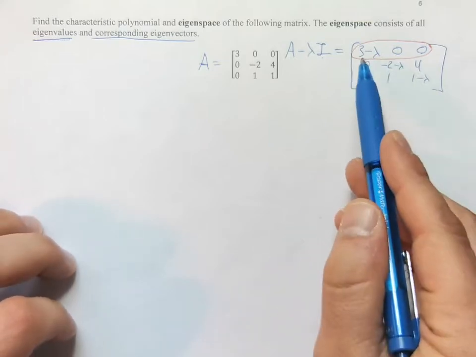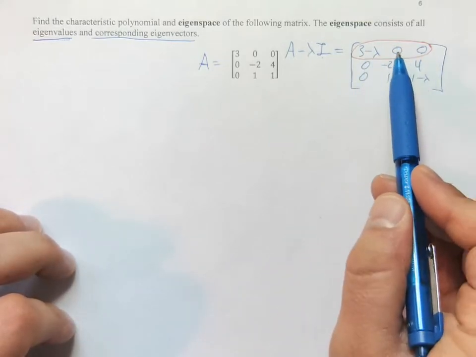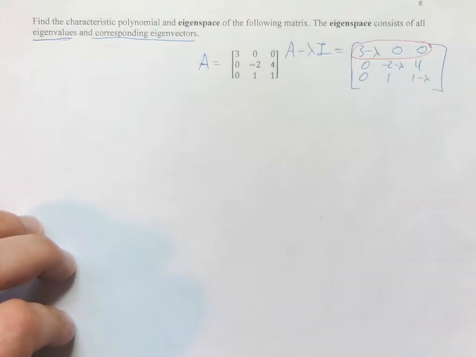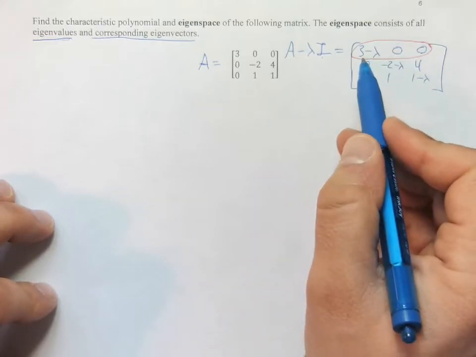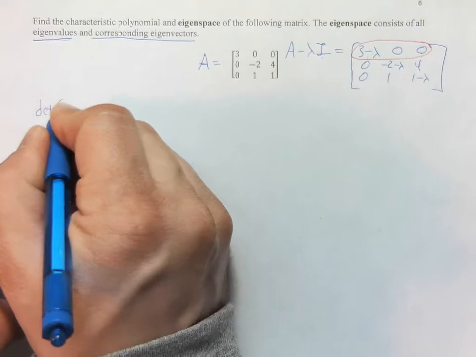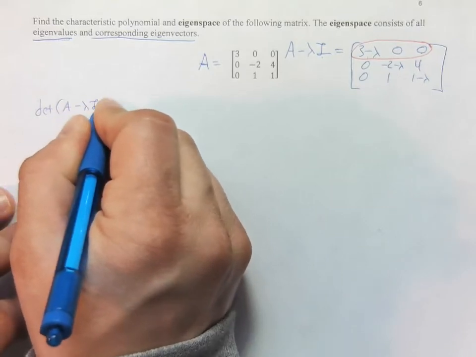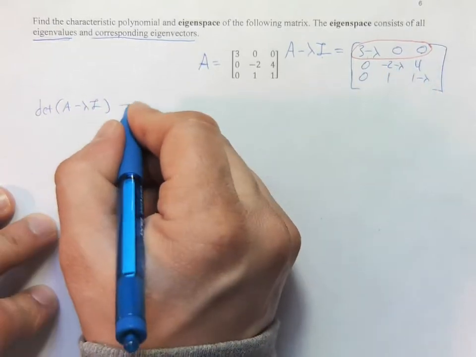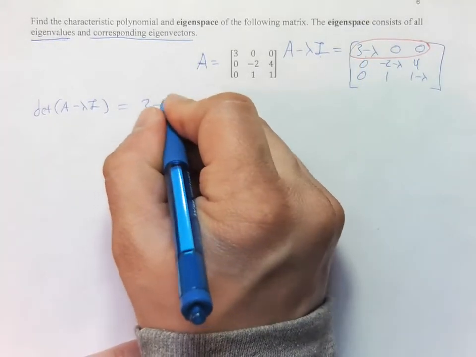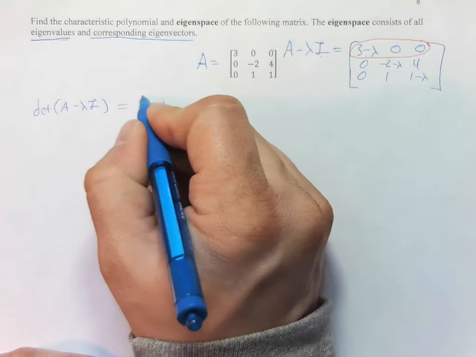And so let's expand across the first row, right? We pull each of these entries out. We alternate signs as we do. And then we multiply by the determinant of the submatrix that we get when we delete the column and the row of that entry. So it looks like this, right? The determinant of A minus lambda I, this is the determinant of this matrix. So we pull out the first entry, 3 minus lambda, and it's got a plus sign with it.